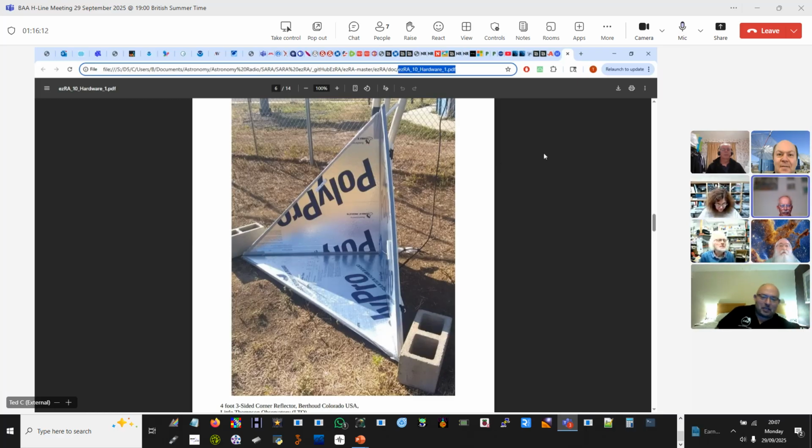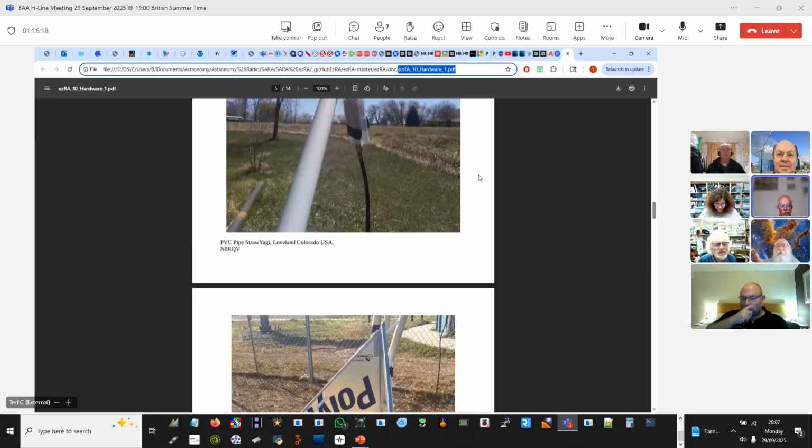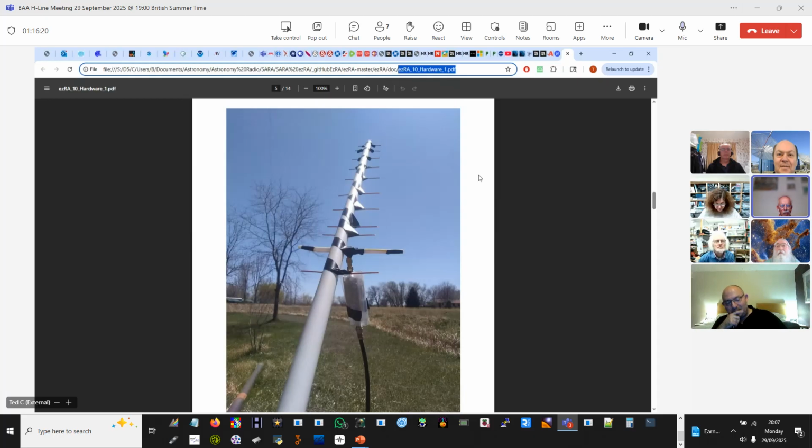I try to take every opportunity to say this to anybody who will listen, and loads of people who don't want to listen because they already know it or they know better. But one lesson I have learned, as in this diagram from Ted here, is that it's absolutely vitally important to put your LNA as close to the aerial as possible. And to have the right connectors, right, Andy?